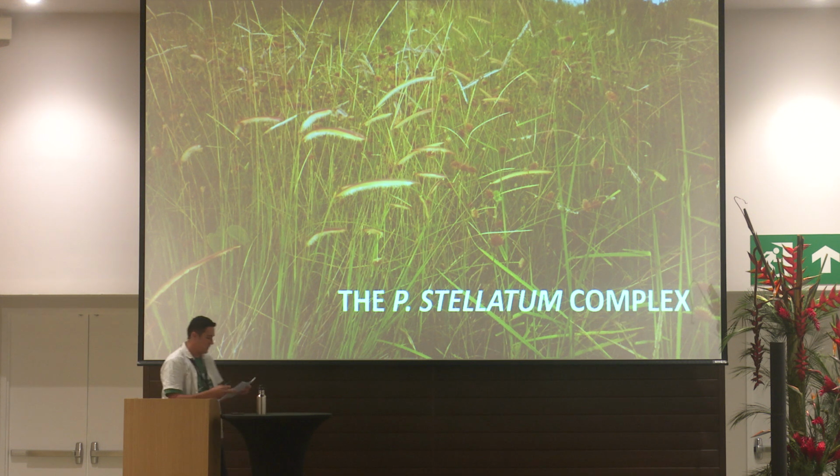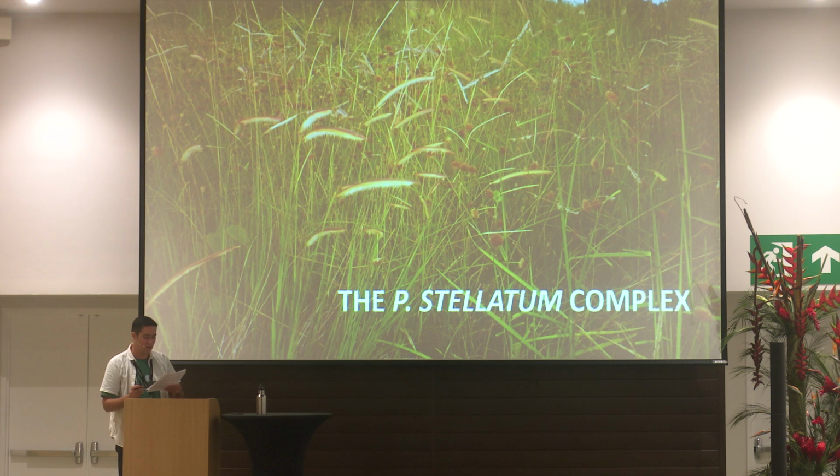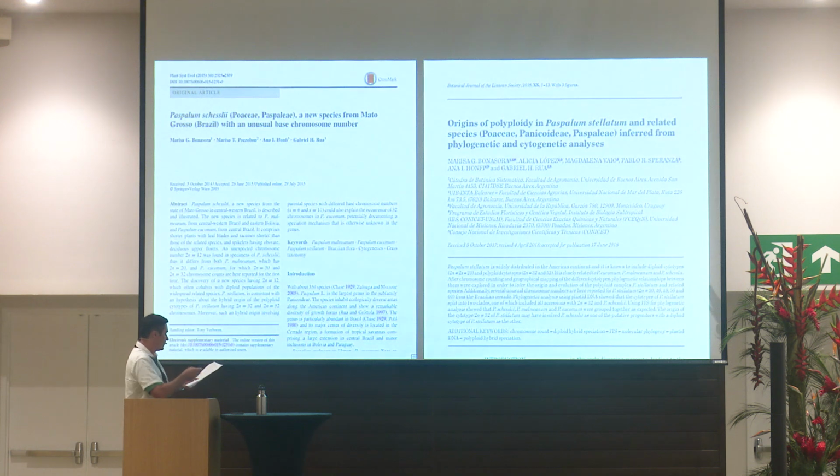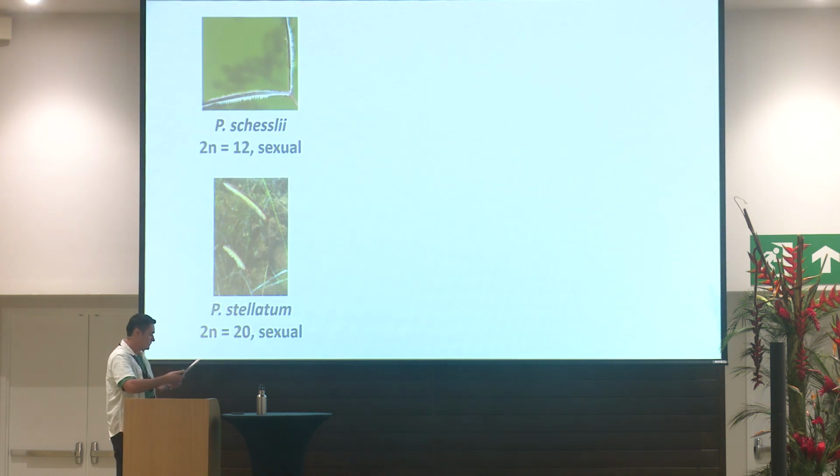Finally, Paspalum stellatum comprises a complex that includes a diploid cytotype with 20 chromosomes and a set of polyploids having 32, 44, 46, 48, 52, 56, and 60 chromosomes. The cytotype of 32 chromosomes is the most commonly found. The discovery of the related diploid species Paspalum chaseanum with 12 chromosomes threw light on the origin of such irregular polyploids.